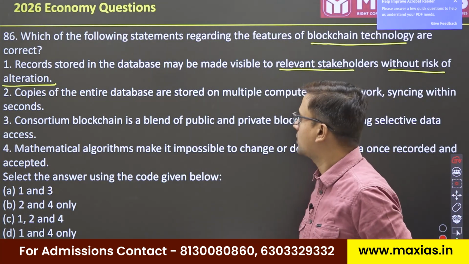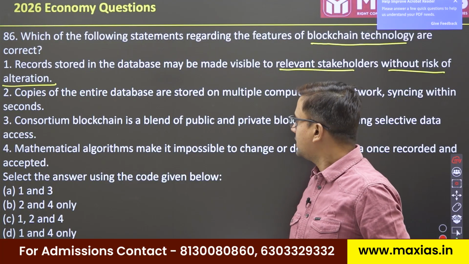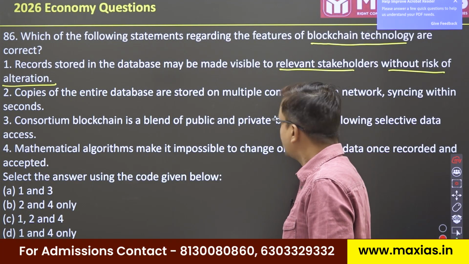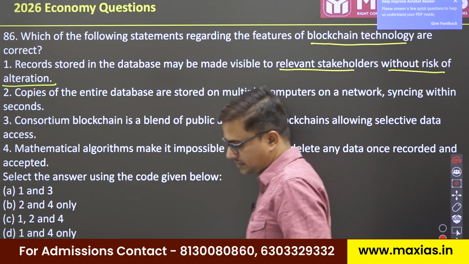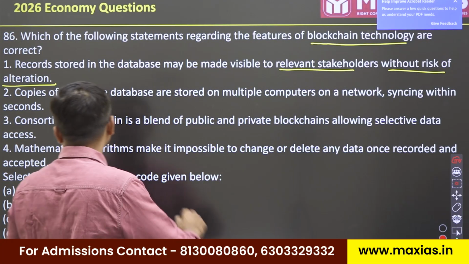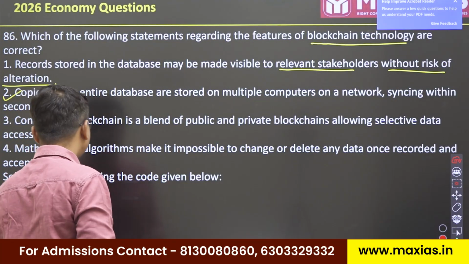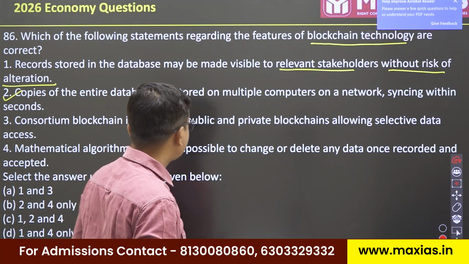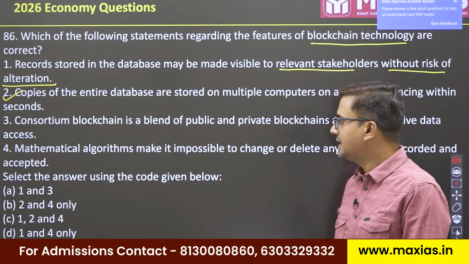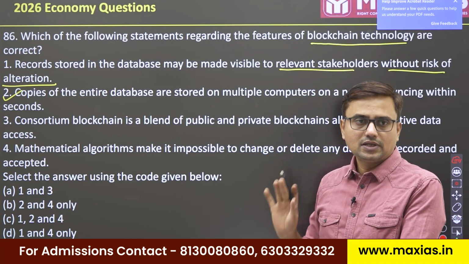Yes or no? Okay. Next, copies of the entire database are stored in multiple computers on the network, syncing within seconds. This is also right, isn't it? With respect to blockchain technology, this is also a correct statement. Statement 3: consortium blockchain is a blend of public and private blockchains allowing selective data access.